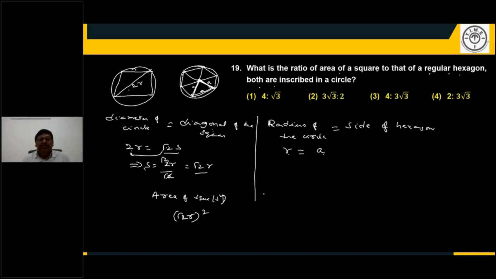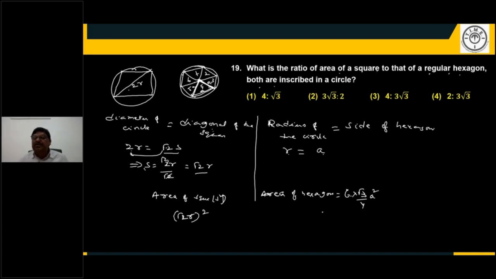Students, the area of a hexagon formula: as I said, a hexagon is 6 equilateral triangles. See, 1, 2, 3, 4, 5, 6. Area of the hexagon is 6 into root 3 by 4 a squared, because you know the area of an equilateral triangle is root 3 by 4 a squared.